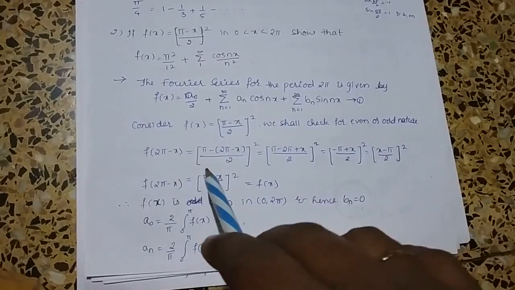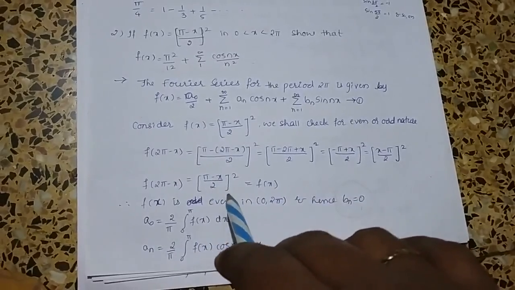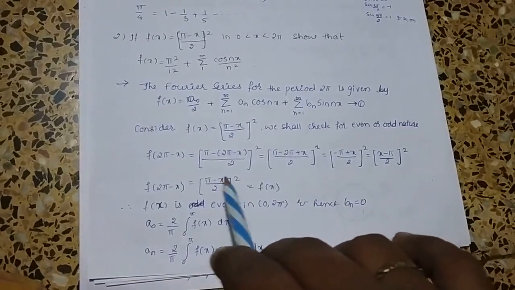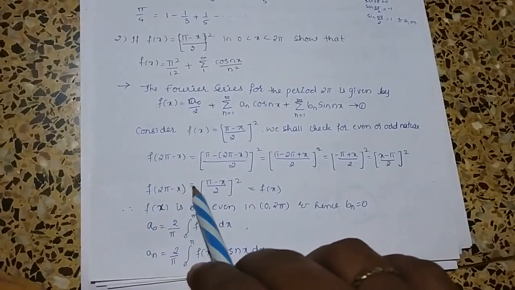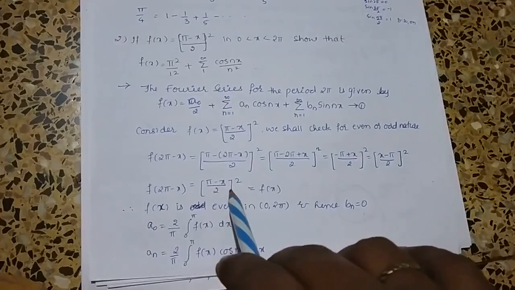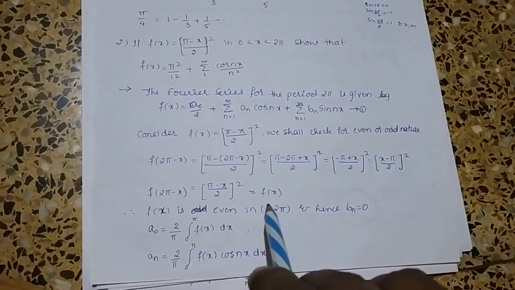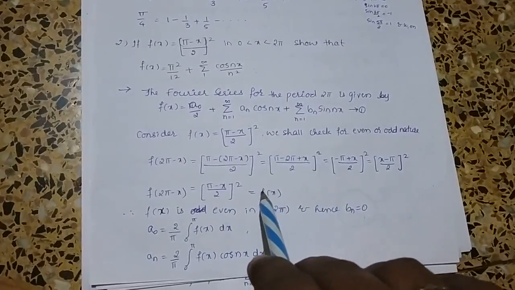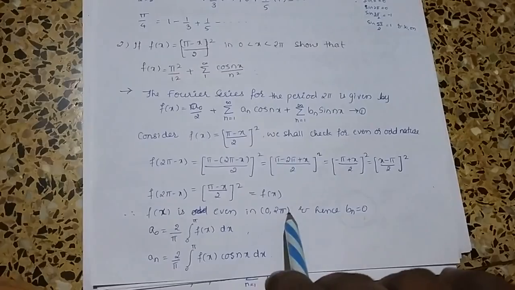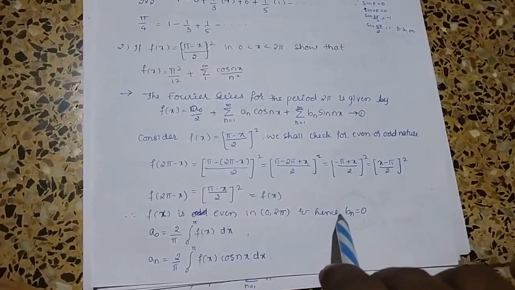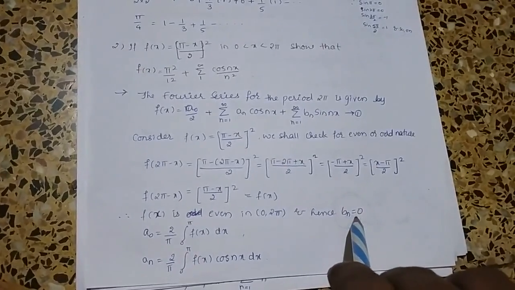Since the square is there, x minus pi can be written as pi minus x upon 2 whole square. That is, f of 2 pi minus x equals pi minus x upon 2 whole square, which is nothing but the given function f of x. Therefore f of x is even in the interval 0, 2 pi, and hence the Fourier coefficient bn becomes 0. Now we need to find the a0 and an coefficients.